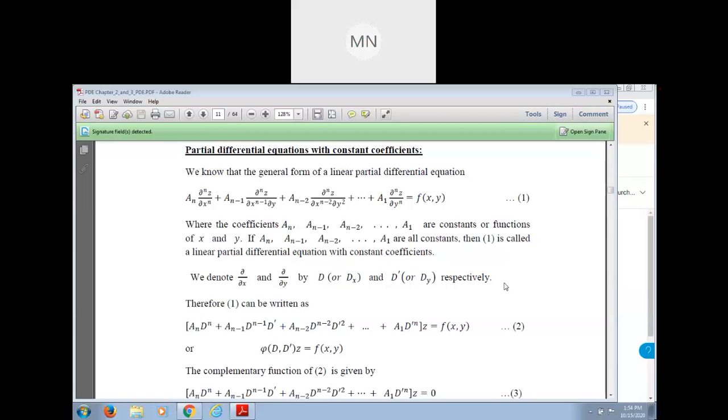Now capital R, capital S, capital T, capital P, capital Q, and Z. These are what?